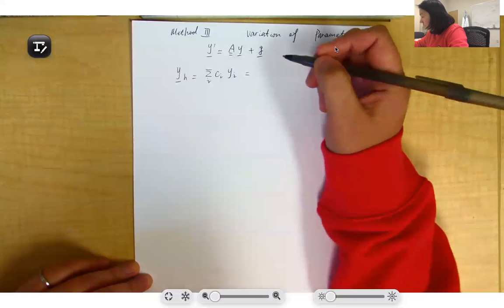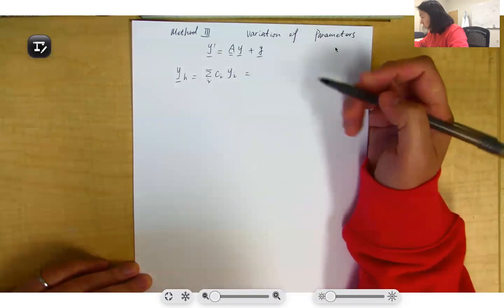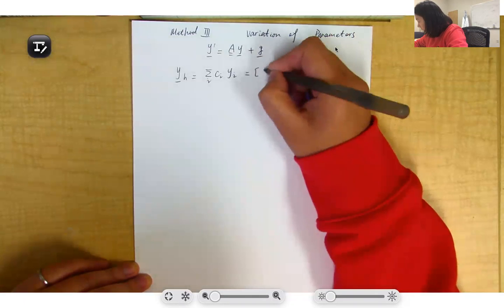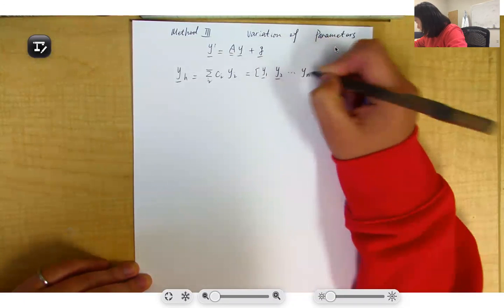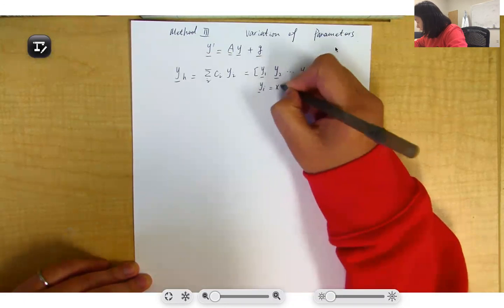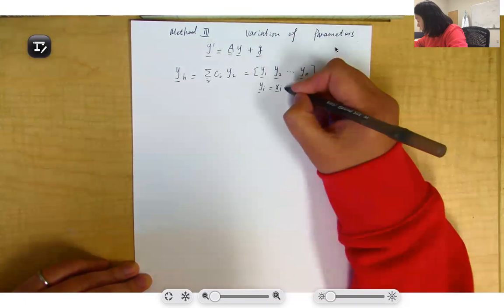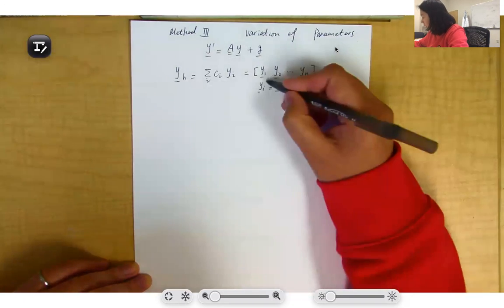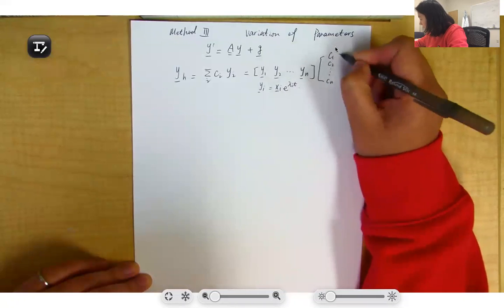So you can either write it as a model matrix times c, or you can write Y1, Y2, ..., Yn, where each Yi equals xi, that is your eigenvector, times e to the lambda i t, times C1, C2, ..., Cn. So that is the constant.